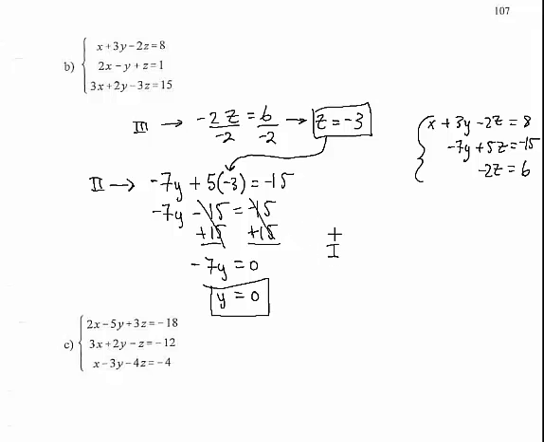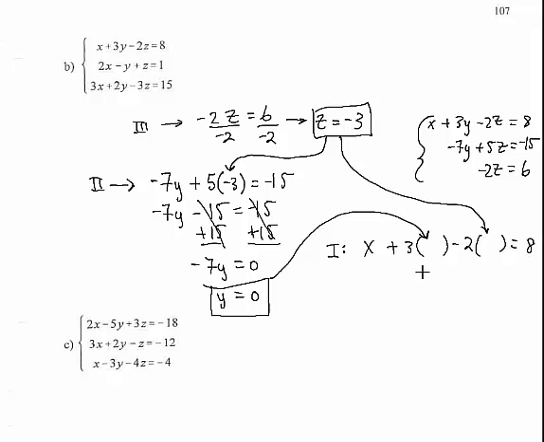And so finally I take equation 1, and I have x plus 3 times y, which is 0, minus 2 times z, which is negative 3, and that equals 8.